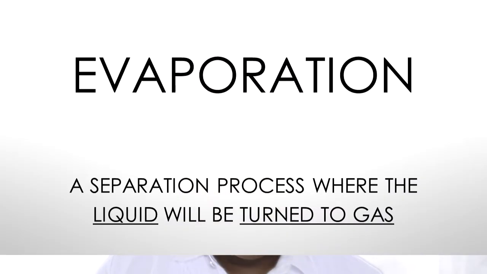Another process we have for separating mixtures is by use of evaporation. Evaporation is a separation process where liquid will be turned to gas using heat. So we have here an example. After washing clothes or washing your pillows or your toys, you notice that they are mixed with water.